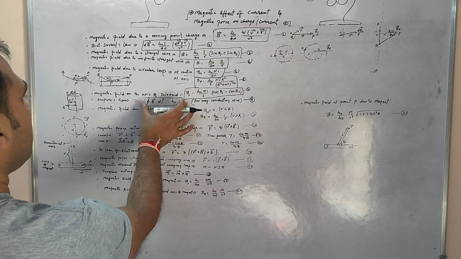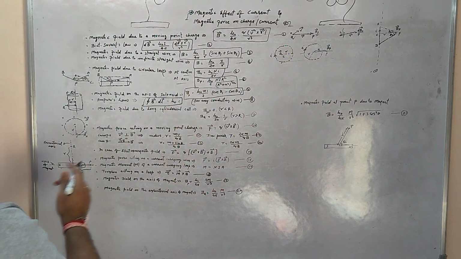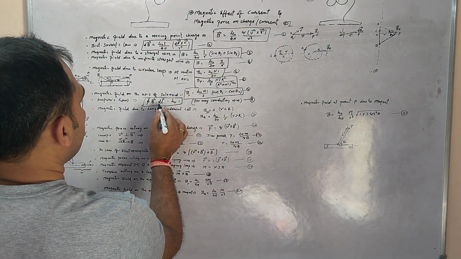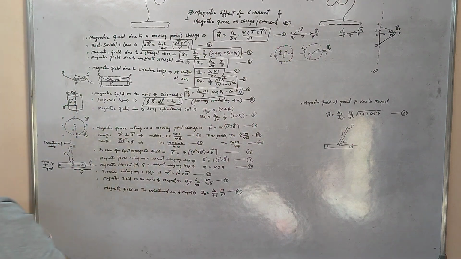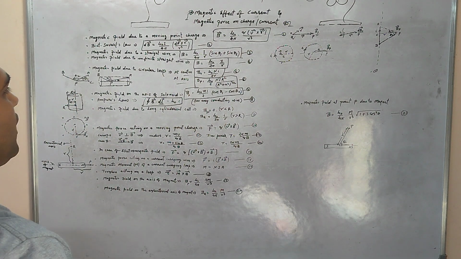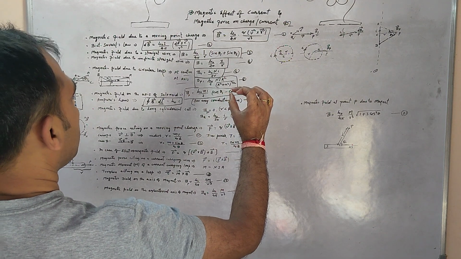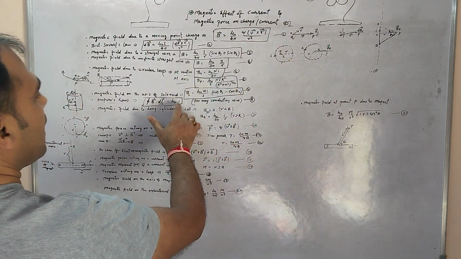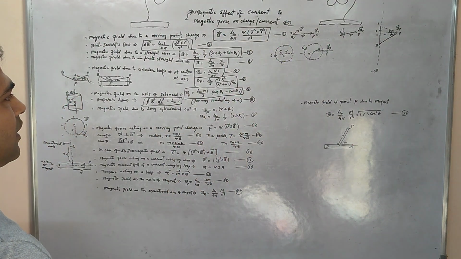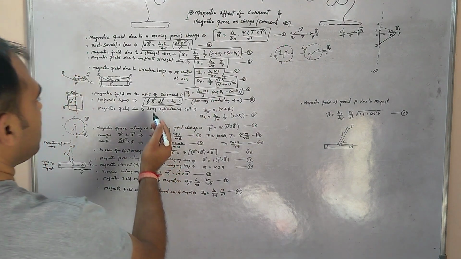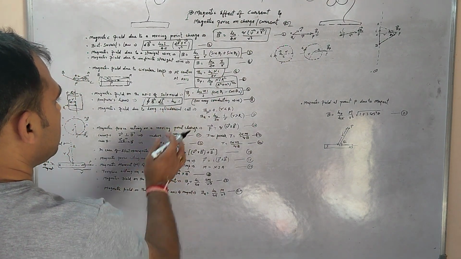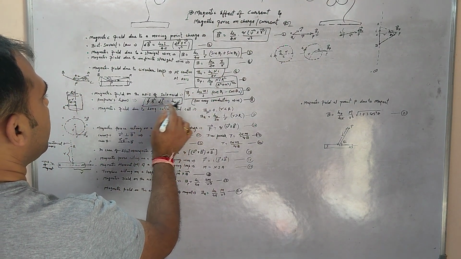This will be applicable everywhere. This is small dl, an infinitesimal small portion of that current carrying wire, and I is the current in that conductor. So this will be the relation between B, dl and I.